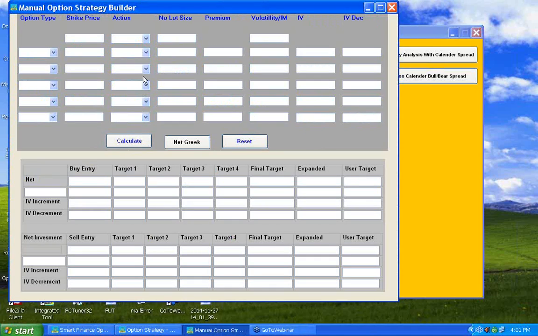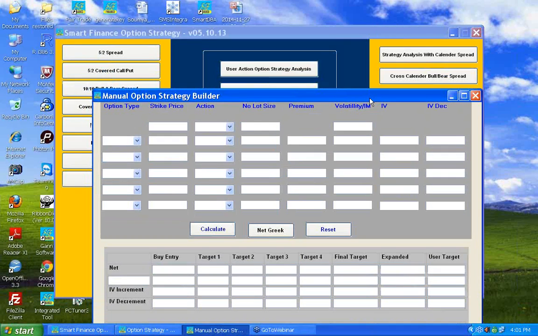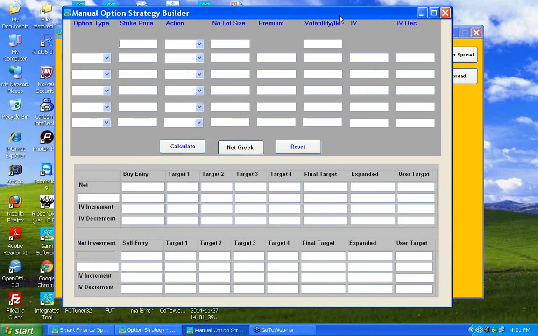Now there is another factor we have given here, the manual option strategy. Sometimes you need to form the strategy based on your requirement.